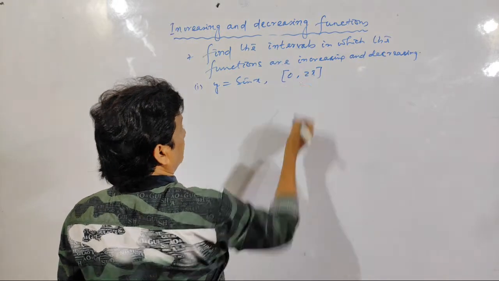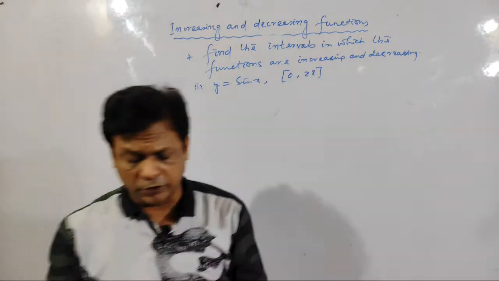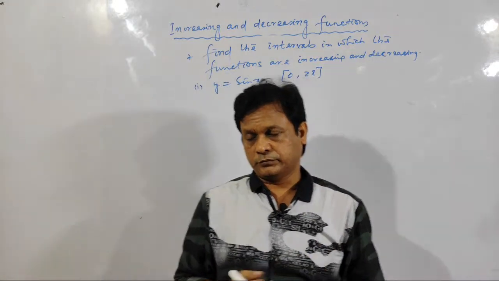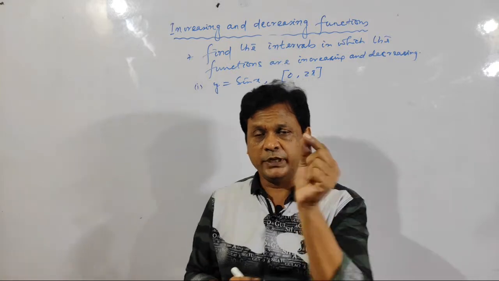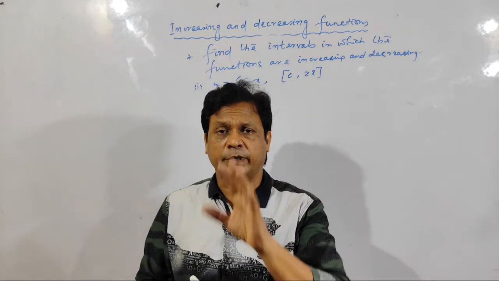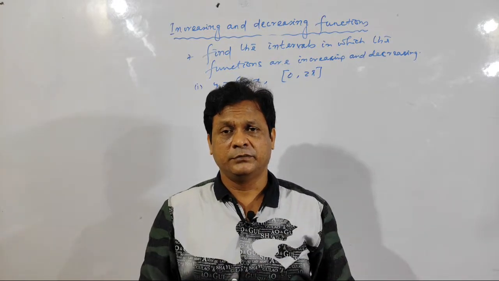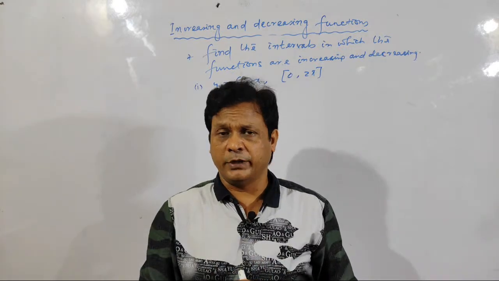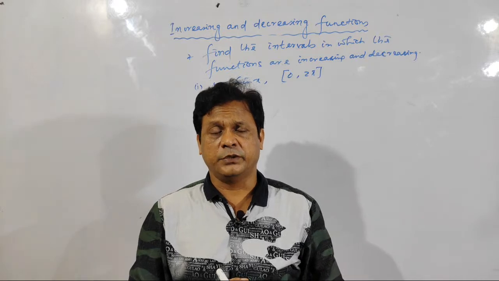And for this, if you want to find out the interval, I have told you, remember, first find the derivative, then put the derivative equal to 0, find the points where the derivative is equal to 0, draw the number line, insert the points in the number line, and then write the signs of the derivative, whether it is positive or negative.